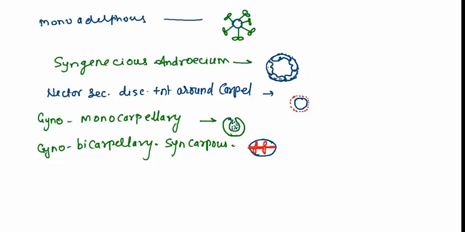This is the diagrammatic representation of gynoecium having bicarpellary syncarpous ovary. When gynoecium is tricarpellary, again the ovary is syncarpous, fused, then it is diagrammatically represented by this diagram.